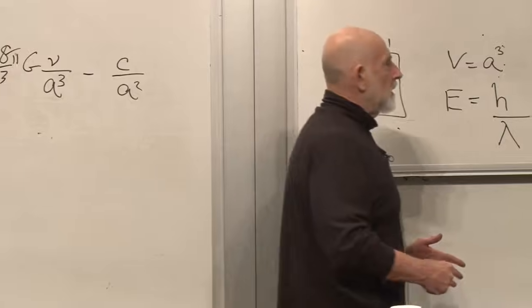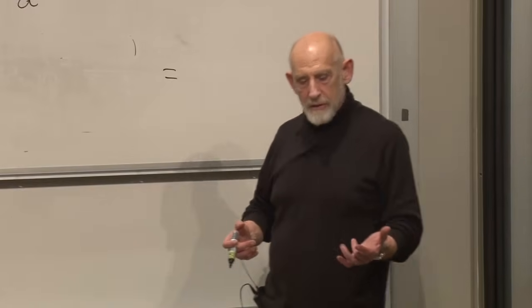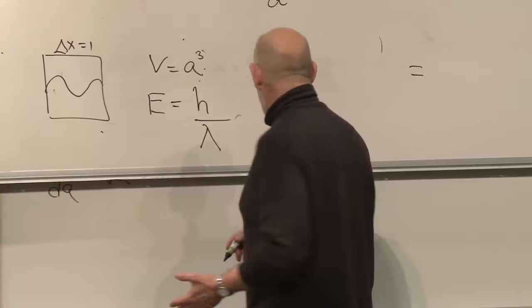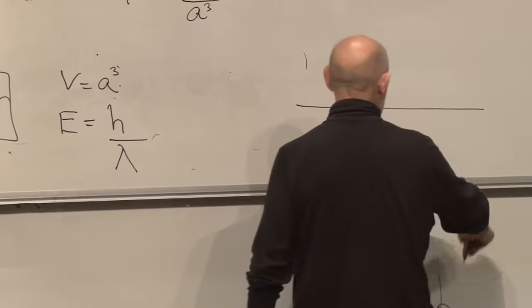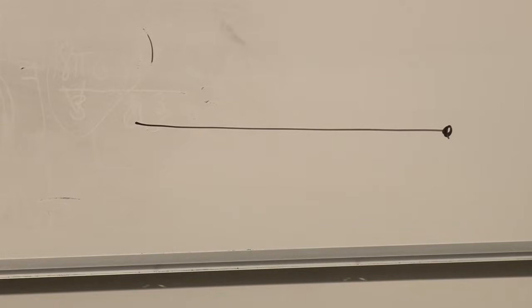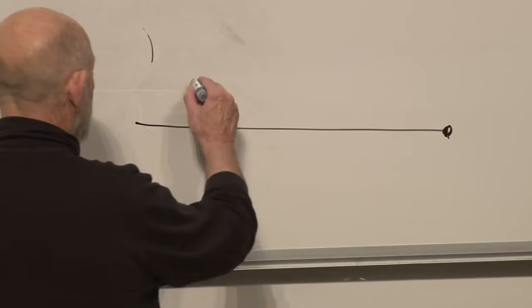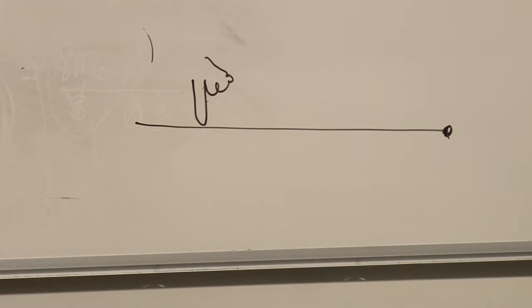Now, this phenomenon, anybody who plays a guitar knows very well. The box is replaced. Here's the string of the guitar. It's pinned down at one end, at the bridge over there. At the other end, it's pinned down by your finger at the fret.